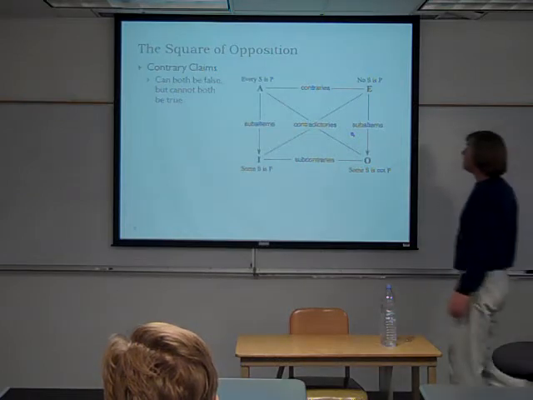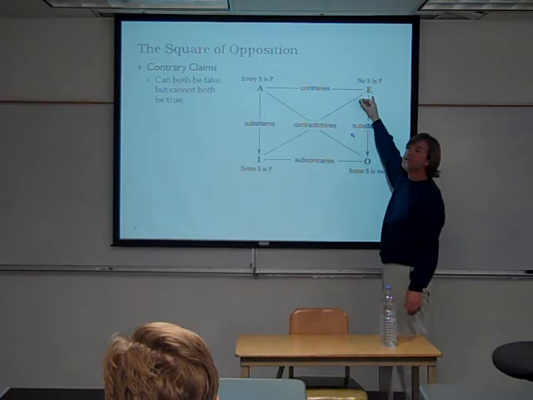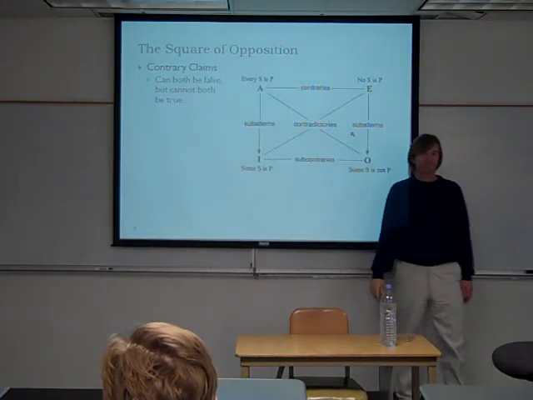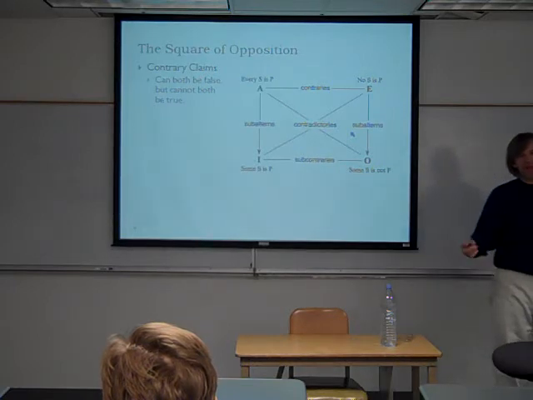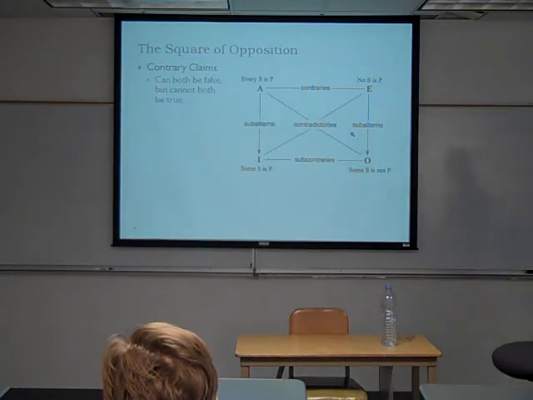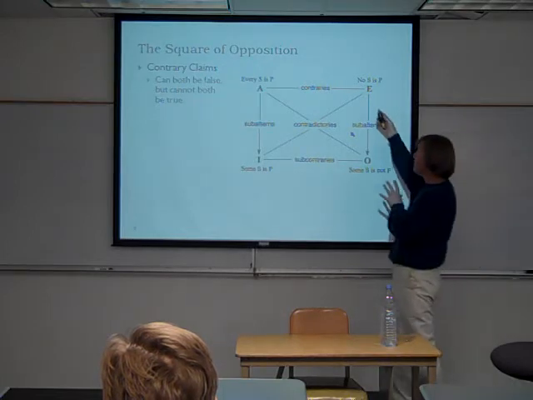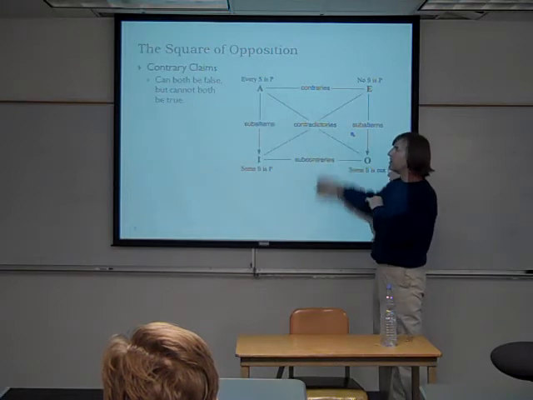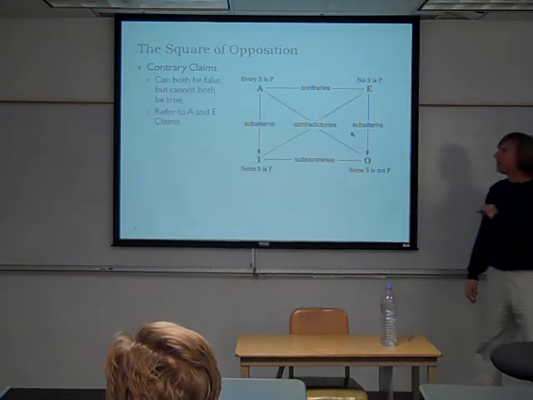So, if E is true, what can we deduce A is? False. Correct. And that's how you're going to be able to begin to deduce the other corners of the square. From knowing one corner, if it's the right kind of answer, you can begin to deduce these other parts of the square.